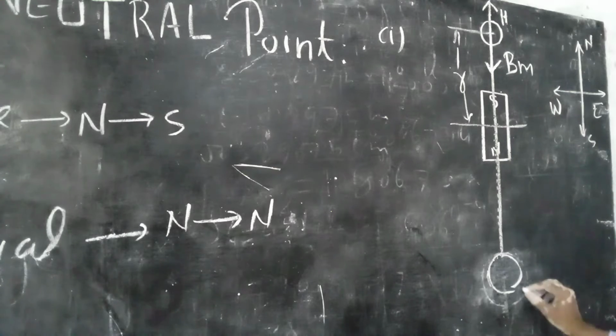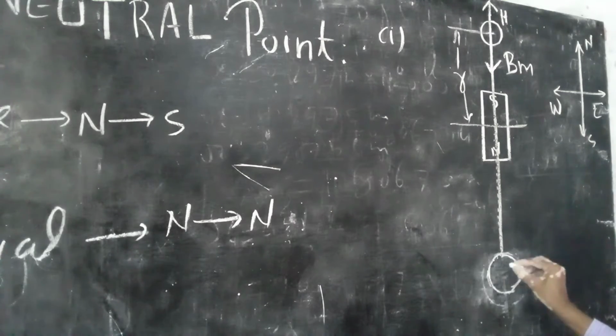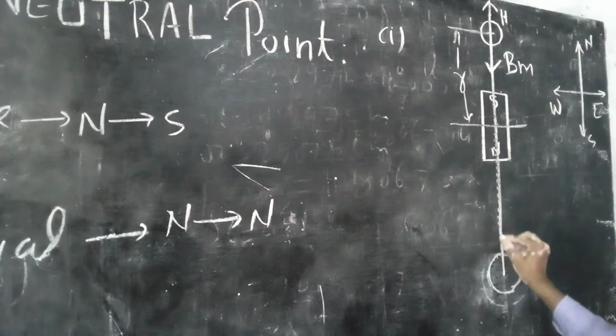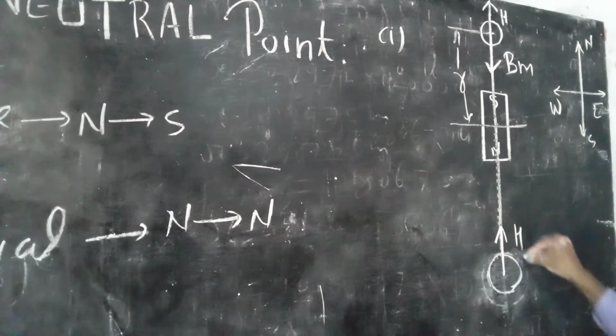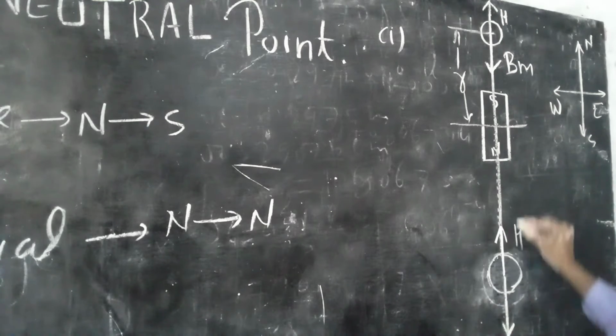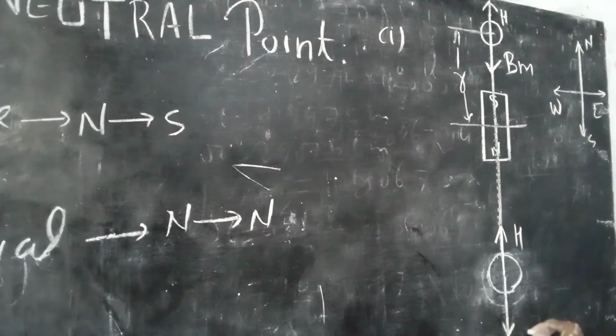You get a neutral point in the opposite direction also. Let this point be the neutral point. At this point, the horizontal component of Earth's magnetic field becomes equal to the magnetic field produced by the bar magnet. The direction of the magnetic field produced by the bar magnet is away from the north pole along the axis.